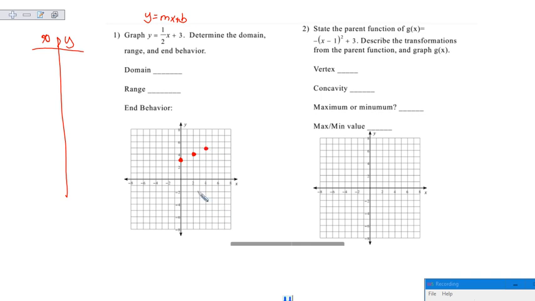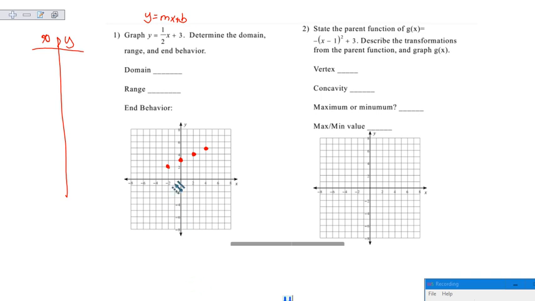I could also change my direction. Rather than rising and running forward, I could fall and run back. So I could fall 1 and run back 2. And that's helpful sometimes when you're reaching the edges of your graph.